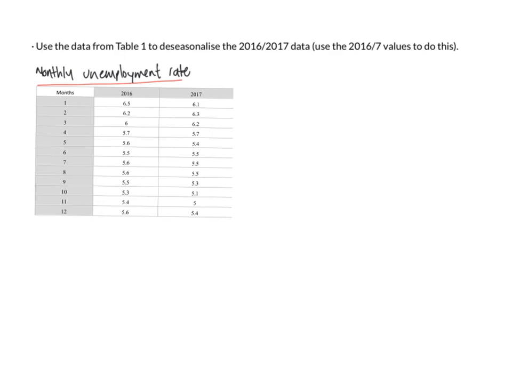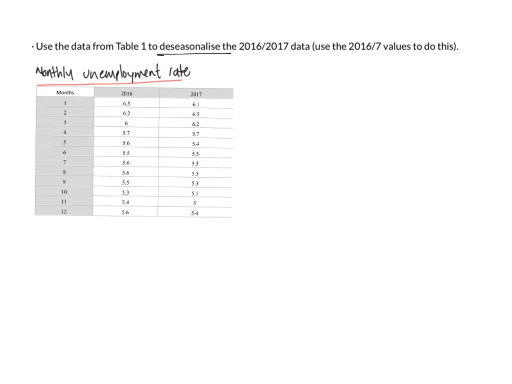So when we talk about deseasonalizing, what we're trying to do is smooth out the data so it takes away some of the seasonal fluctuations of the original data. To do this, we need to start by calculating the seasonal indices.